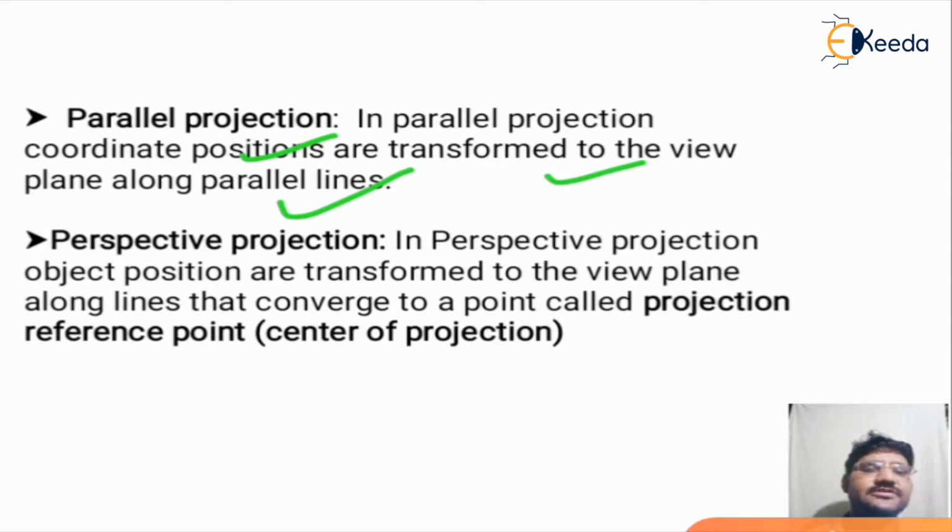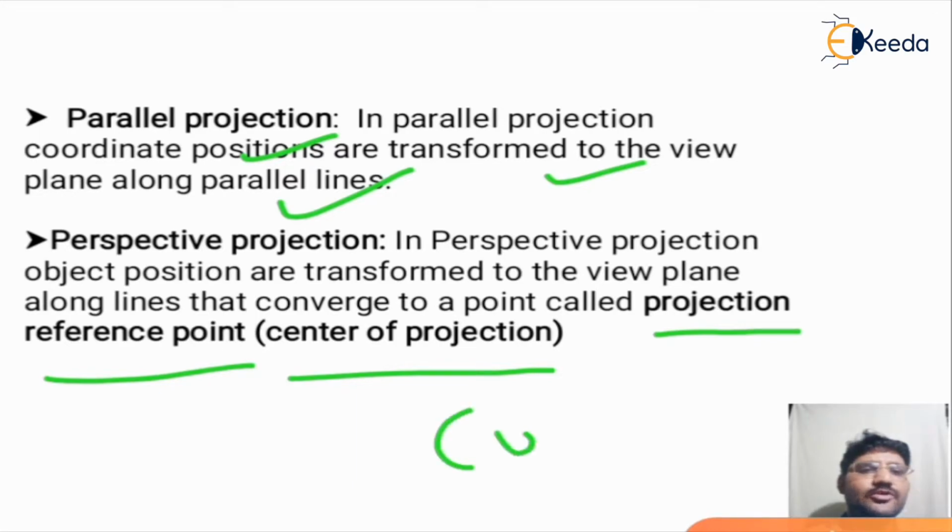In parallel projection, the projected lines are parallel to each other, while in perspective projection, object positions are transformed to the view plane along lines that converge or meet at a point which is called the projection reference point or center of projection, or COP. In parallel projection, the projection lines meet at infinity.